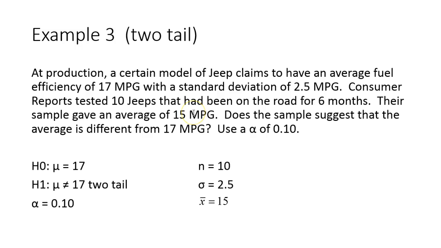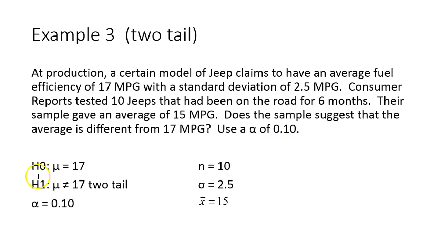So you may think that you want to test to see if it's less than 17, but sometimes you just want to see if things have changed within a certain level of significance. And the question here is, does the sample suggest that the average is different from 17 miles per gallon? And we're going to use a level of significance of 10% or 0.1.